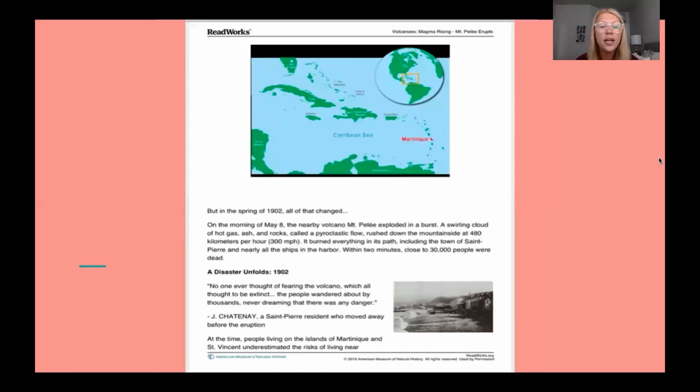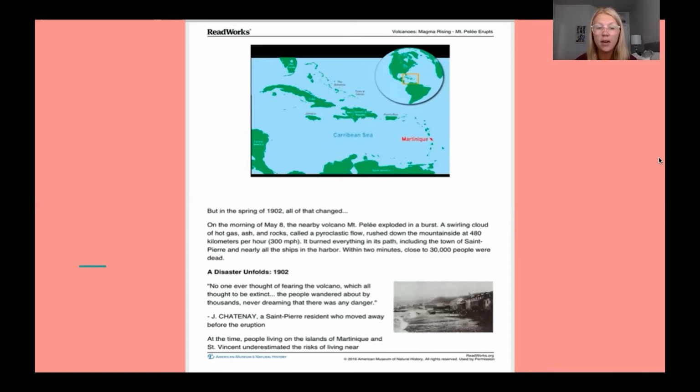But in the spring of 1902, all of that changed. On the morning of May 8th, the nearby volcano, Mount Pelée, exploded in a burst.